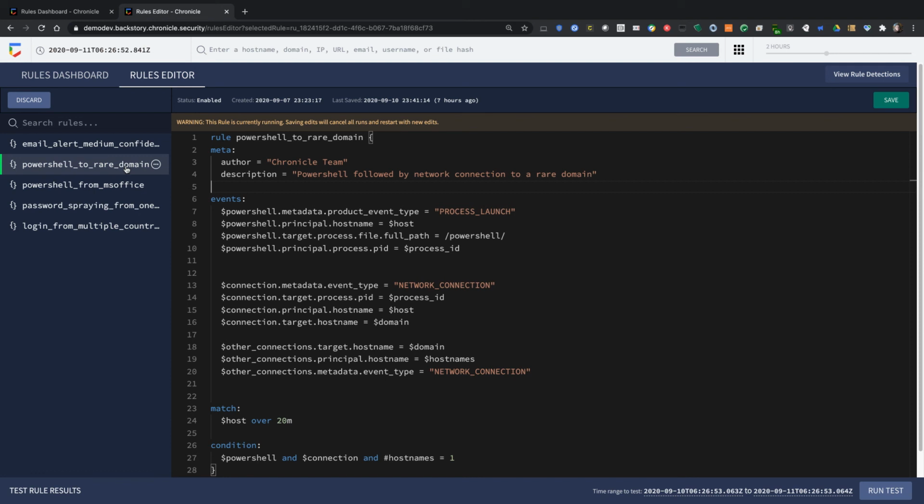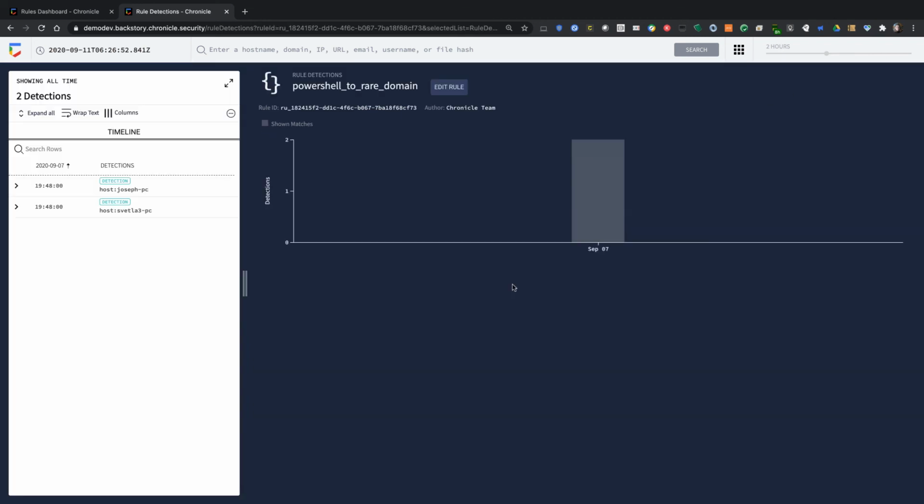Attackers often use very common tools and they just kind of use them in a little bit of a weird way. One of my all-time favorite detections is looking at obviously PowerShell events, but PowerShell events connecting to a rare domain. Now, that's just one simple example you can do, but think of all the things you can do. Rare hash talking to rare domain, rare host receiving very high amount of data.